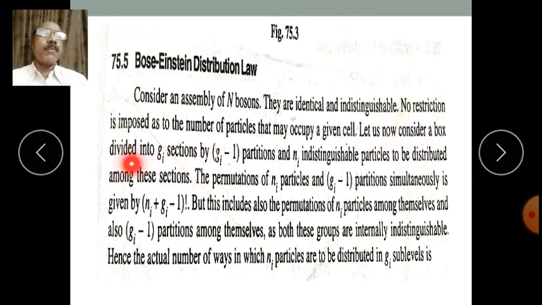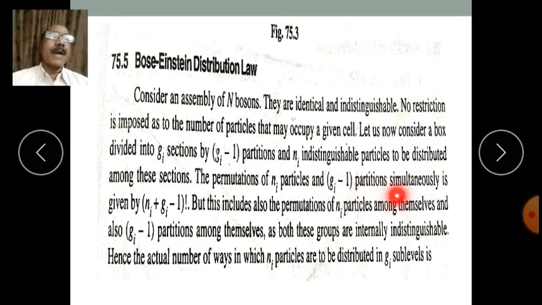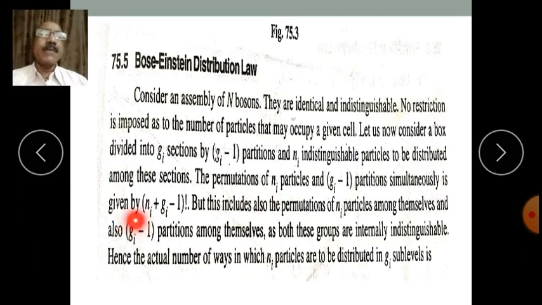Let us consider a box divided into Gi sections by Gi minus 1 partitions, and Ni particles to be distributed among these sections. So in these Gi sections, we are going to distribute how many particles? Ni particles, isn't it? The permutations of Ni particles and Gi minus 1 partitions simultaneously is given by Ni plus Gi minus 1 factorial.